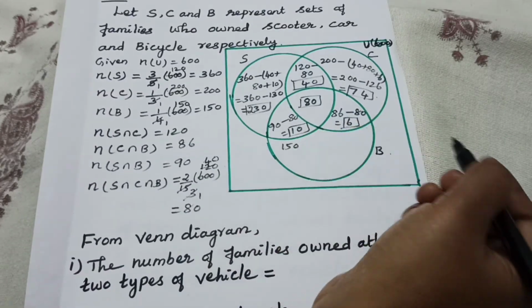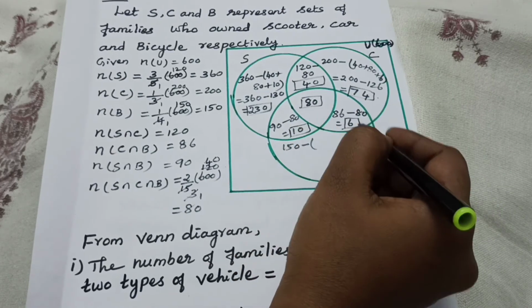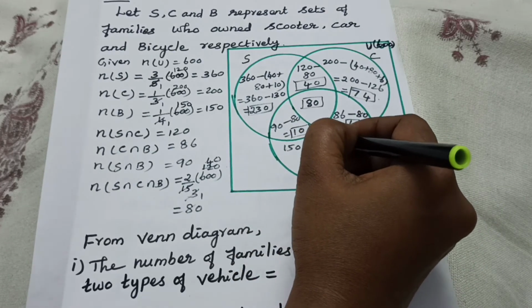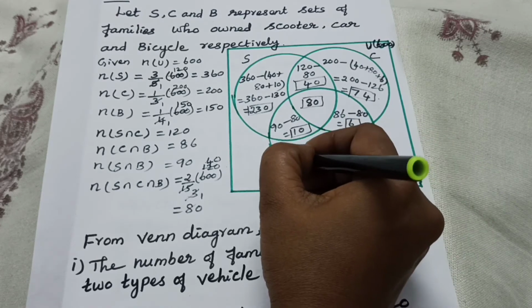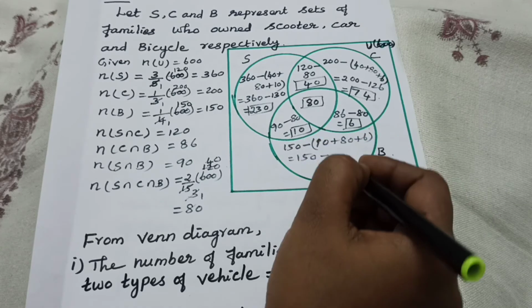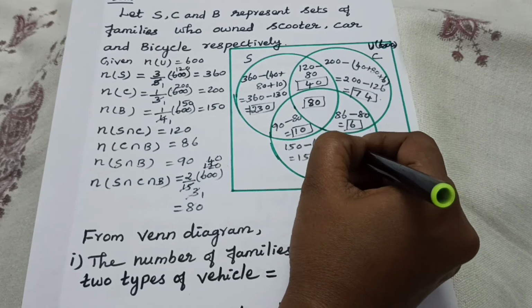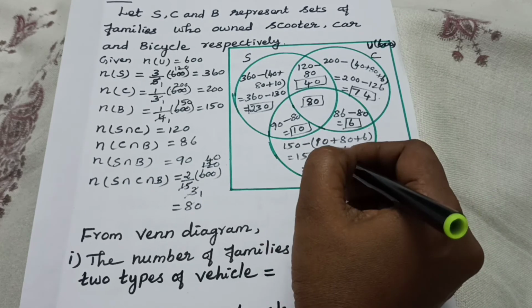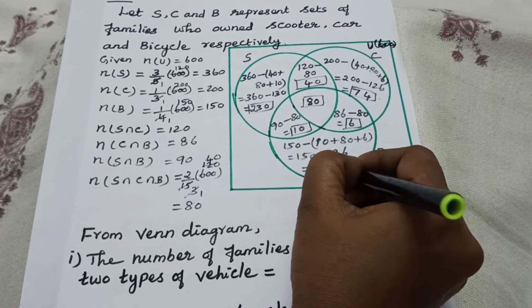Okay, then next one only bicycle, how many of them? Then this 10 plus 80 plus 6 we have to subtract, equal to 150 minus this one. Subtract means what will we get? 96. Equal to this subtract means 54 we will get.